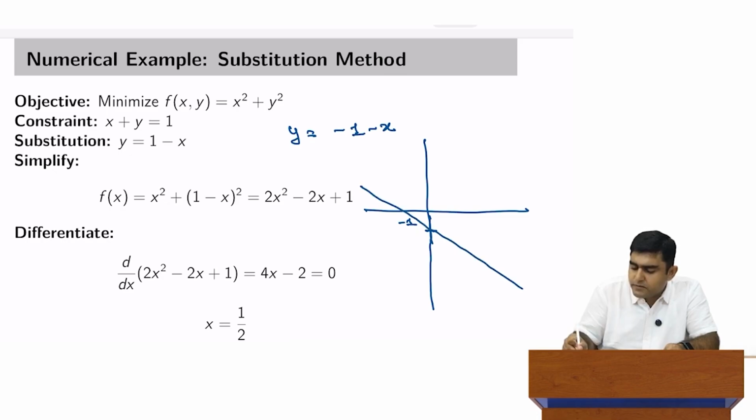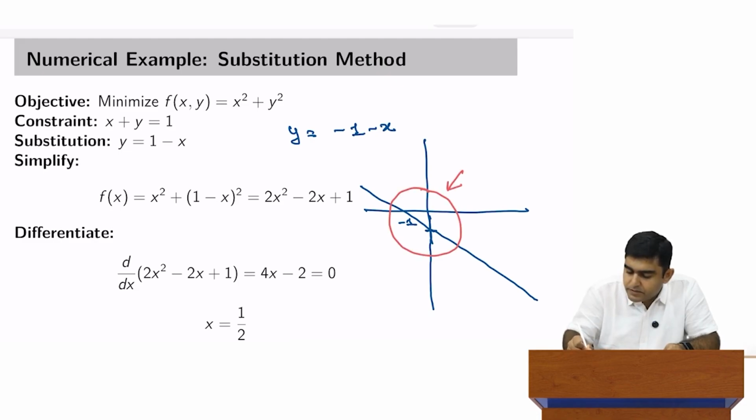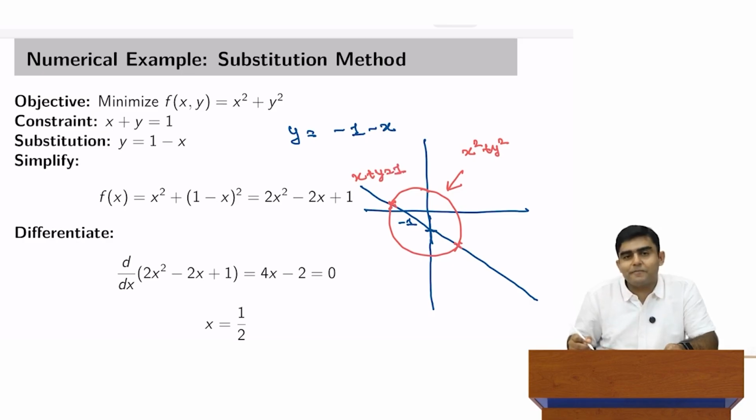And then there is a circle that I want to minimize. So, I will place a circle representative of x square plus y square, and I have to find a minimum value such that the solution lies exactly at the point where x plus y equal to 1 is also satisfied.